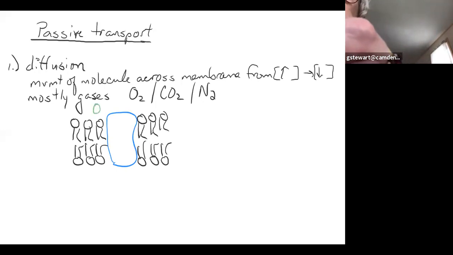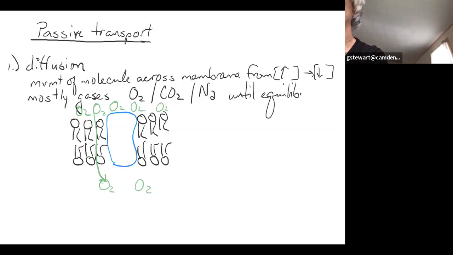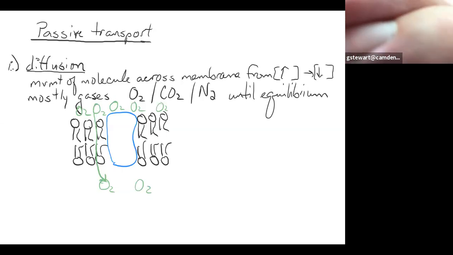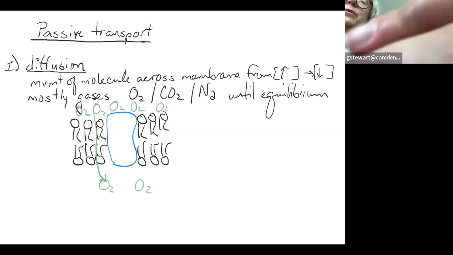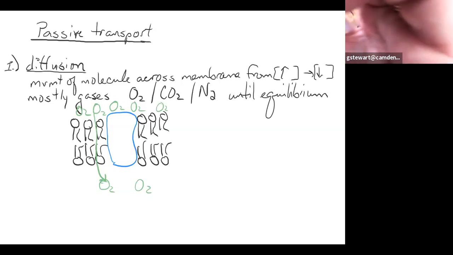Let's say there's lots of oxygen molecules outside the cell, and there's only 2 inside the cell. So there's higher concentration of oxygen outside the cell than inside the cell. So that oxygen is going to move through the membrane until equilibrium. Passive process, no ATP required, solely based on where there is a higher concentration of the molecule compared to where there's a lower concentration of the molecule. Diffusion. Like I said, sometimes you'll see it called simple diffusion.